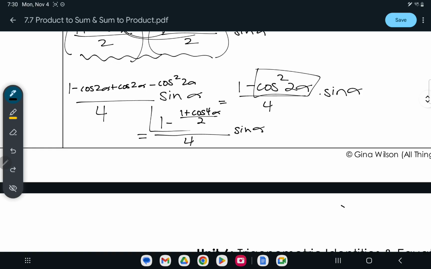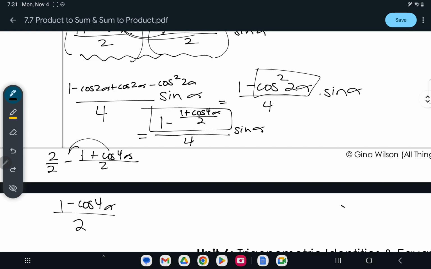Let me do some scratch work to fix that. Instead of 1, what if I make it 2 over 2? And then minus 1 plus cosine 4 alpha over 2. So when I combine like terms here, I get denominator of 2, and then I get 2 minus 1, which is 1, and then I have to distribute that negative, so minus cosine of 4 alpha.